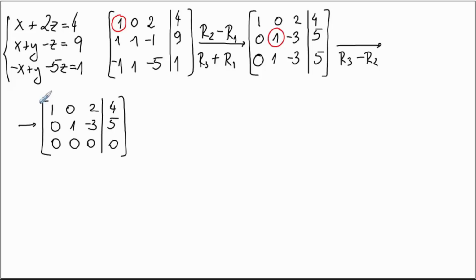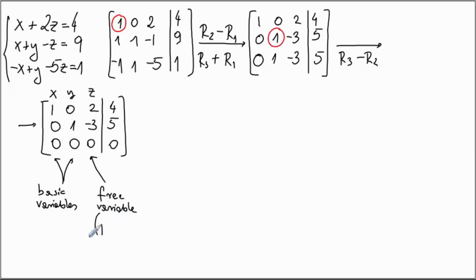Now, the pivot columns, which are columns corresponding to variables x and y, give us the basic variables, tell us that x and y are basic variables. And the non-pivot column, in this case the column corresponding to variable z, tells us that z is the free variable, or sometimes called a parameter.